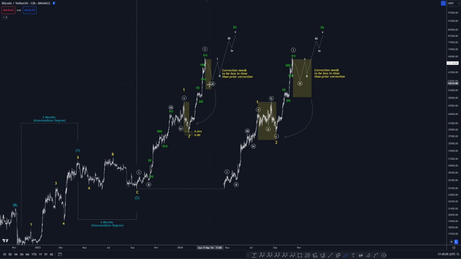And it's not as strict as this, where it really only demands another 3 weeks of correction. So the length of this correction is really going to tip its hand to help us know if we're in this version or if we're in this version. So timing here is going to be crucial.